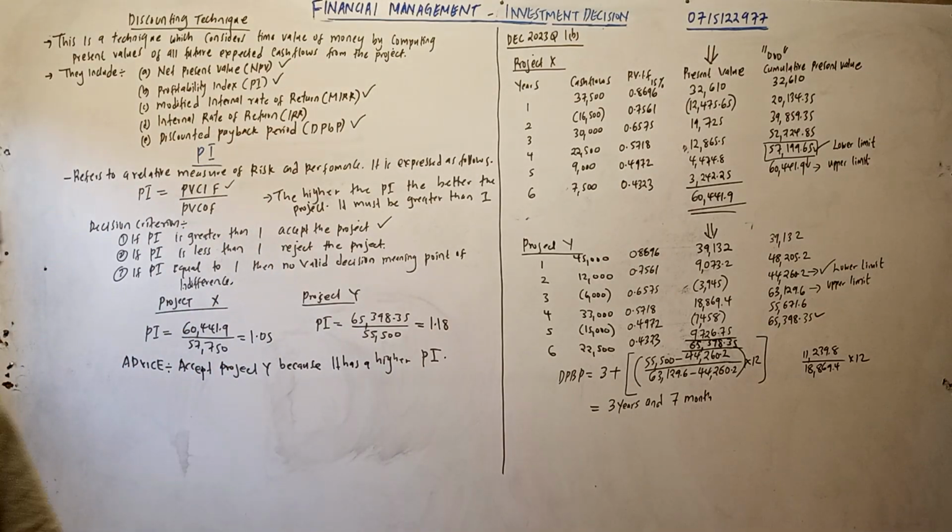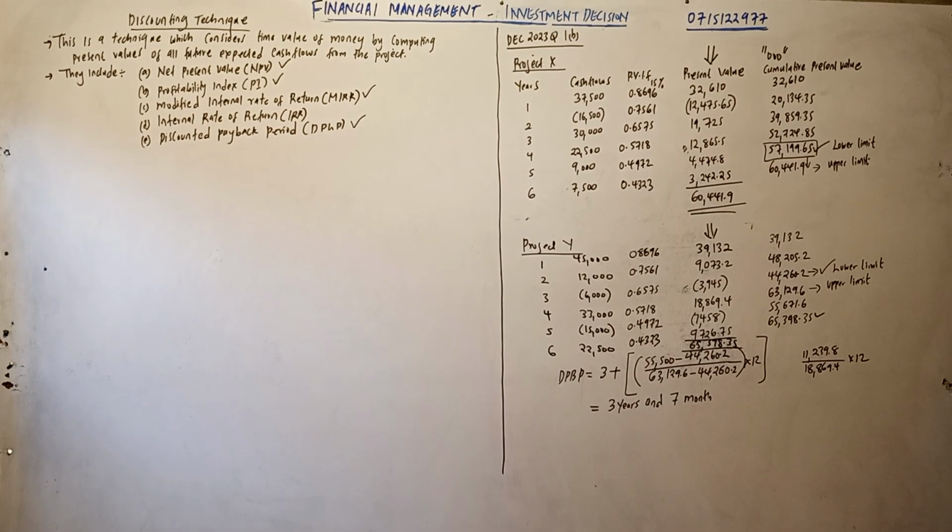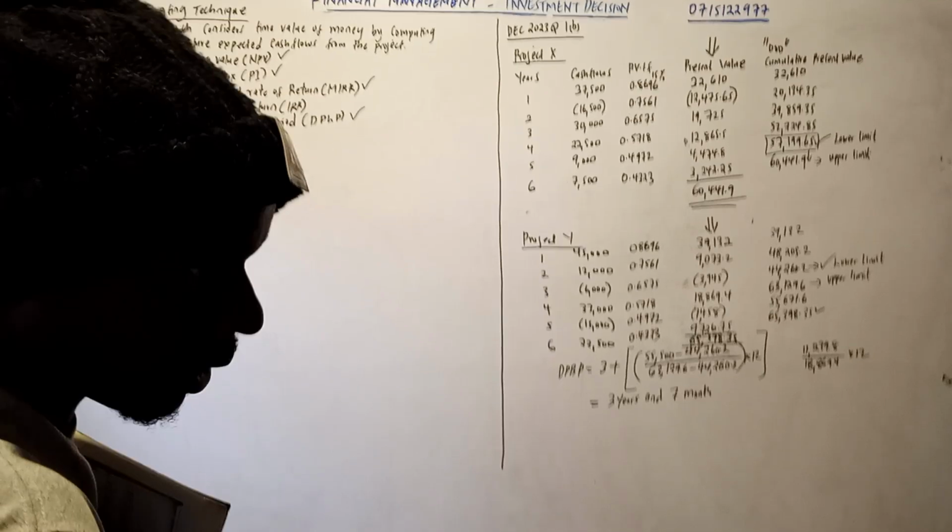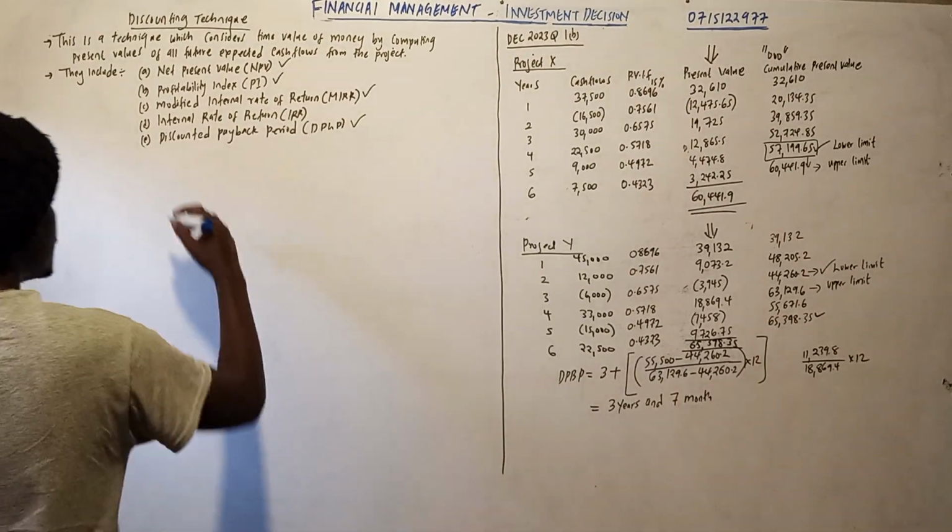Anyway, let us do the modified internal rate of return. So let us move on. Not PI, MIRR. So we are under MIRR.